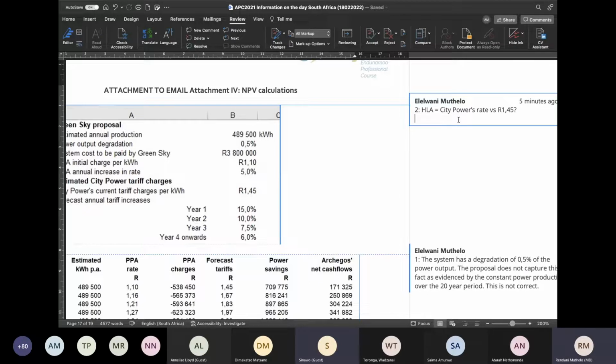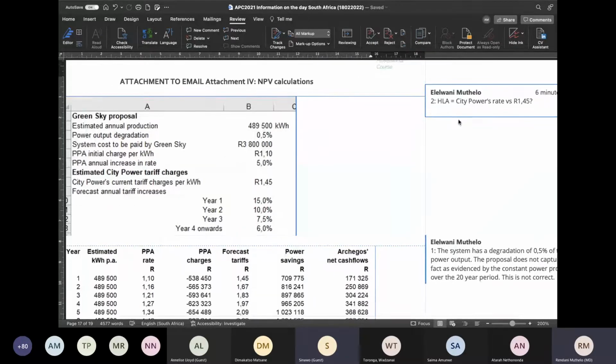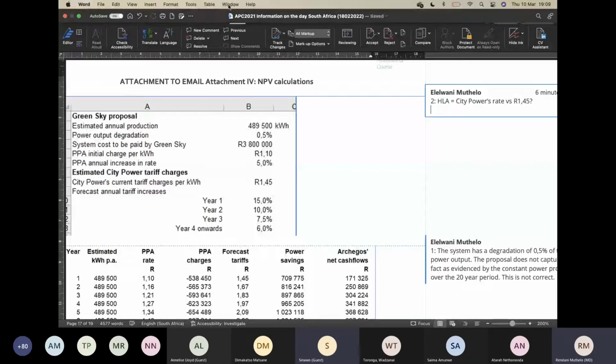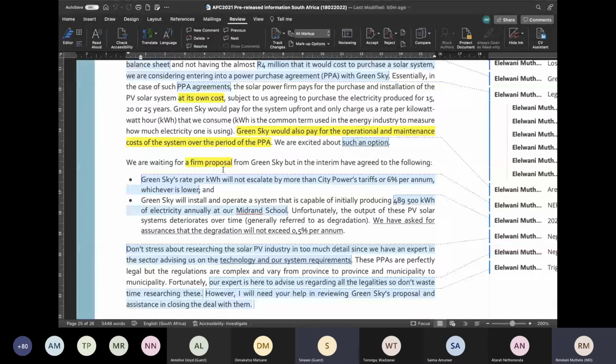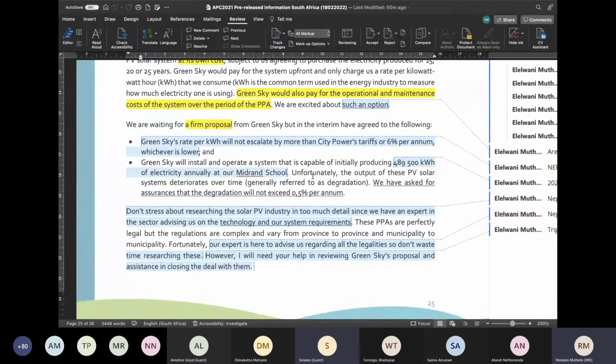No. So the interim agreement, let's just make sure we are comparing like and like. They said that Green Sky will not escalate by more than City Power's tariff of 5% per annum. So that is the cap.